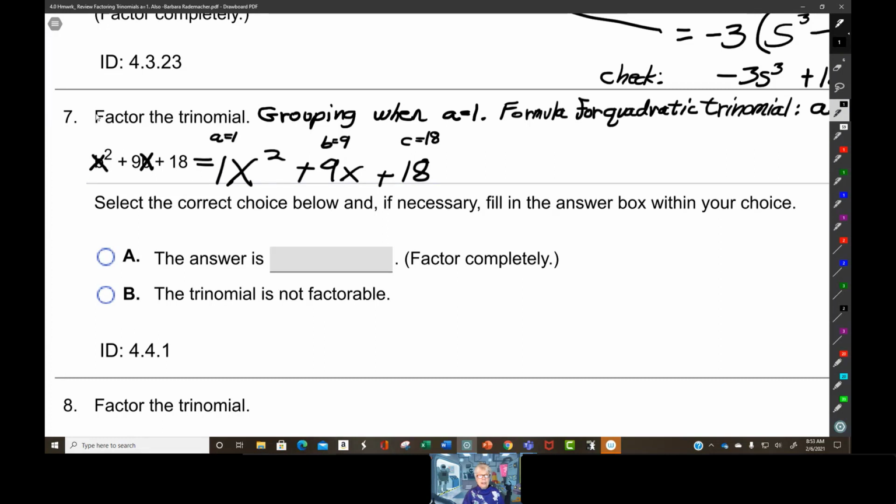So this falls into the category of A equals 1. We're going to use a method of factoring called grouping, but it's especially easy when A equals 1. A will not always be 1. Be warned.